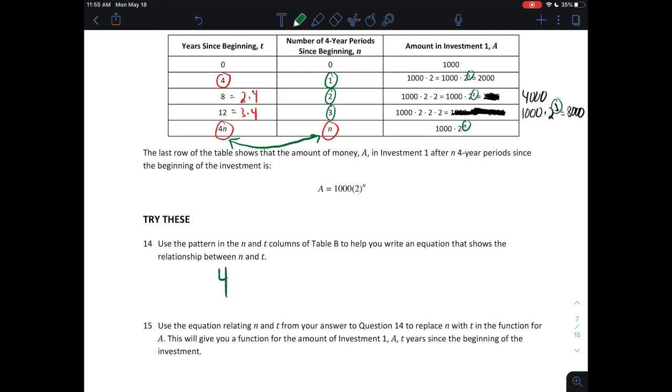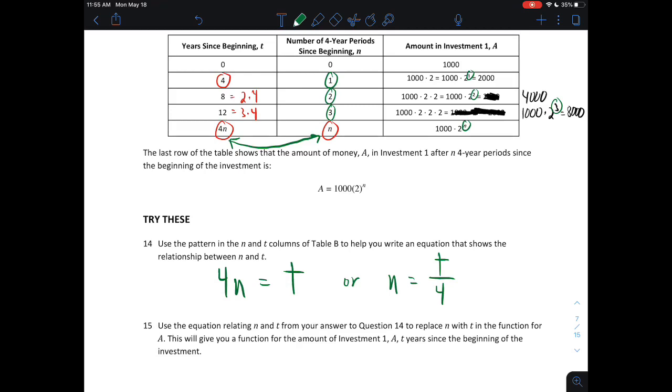So 4 times n is the same thing as t. N stands for the number of 4-year periods and t stands for time. You could also think that by our knowledge of what we saw with functions before, we could also say that n is the same thing as t divided by 4.